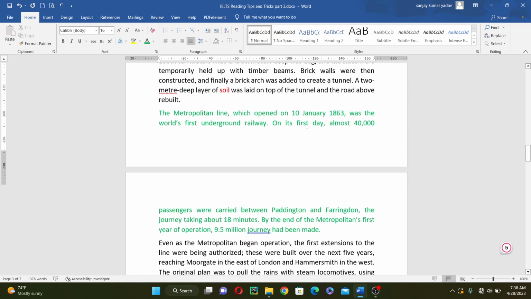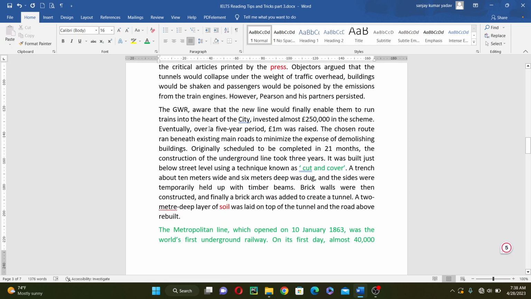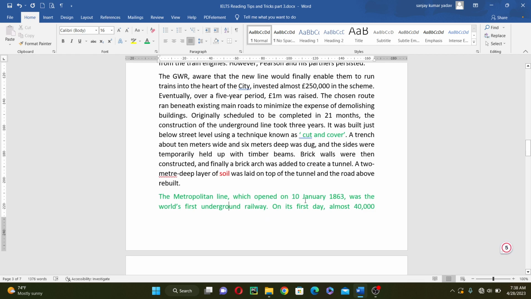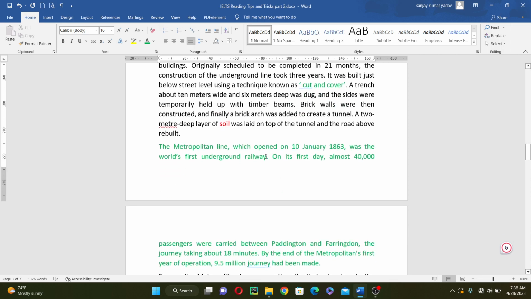Okay. What was that? A trench about 10 meters wide and about 6 meters deep. Okay, the Metropolitan Line which opened on 10th January was the world's first. It was the world's first underground railway.